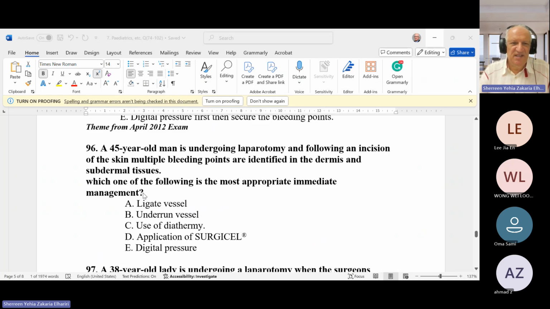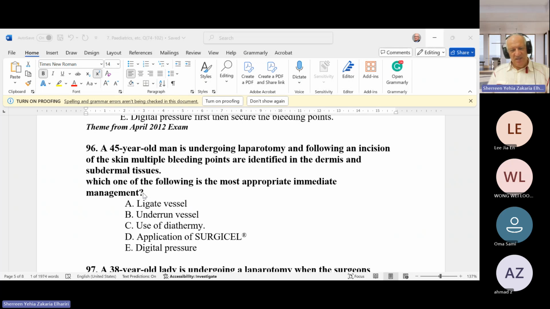Of course, most of you see abdominal incisions. After you cut the skin, you can have bleeding points underneath, subcutaneous or in the dermal layer. So what will we do for this? Anyone? Use of diathermy. Yeah, if you have subcutaneous bleeding, it is not important, there are a lot of blood vessels, so just use diathermy.